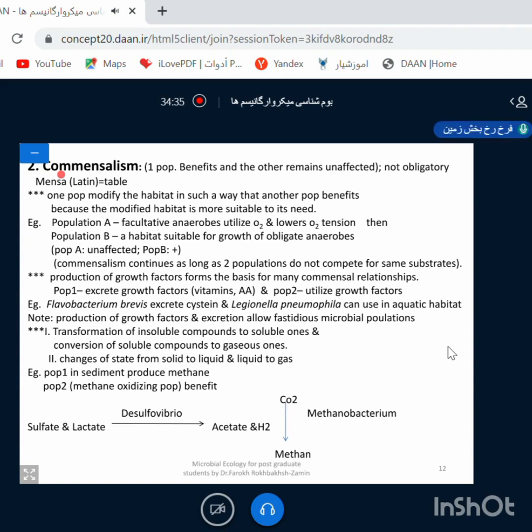There is no difference for the lion. Then wolves or birds come to eat the remaining meat. There is no difference for the lion, but it is very important for the others to eat that remaining food.